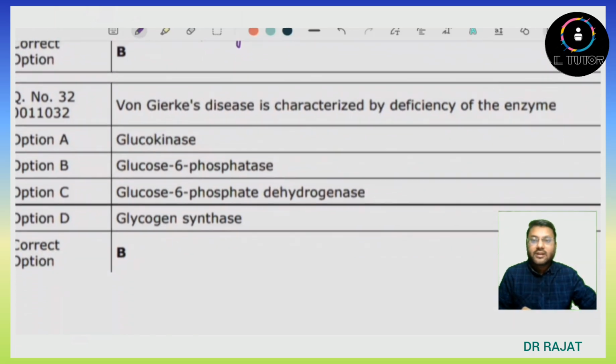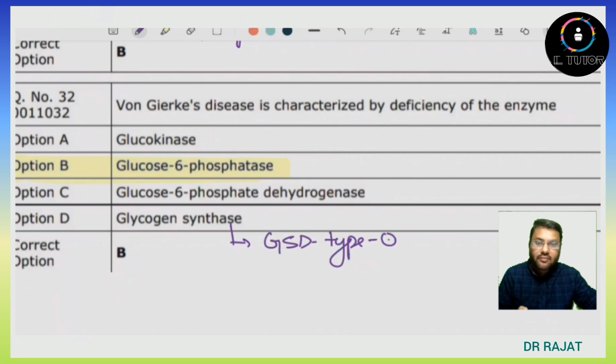Next question: Von Gierke disease is characterized by deficiency of which enzyme? Von Gierke is a type 1 glycogen storage disease, and it occurs due to deficiency of glucose 6 phosphatase. So option B will be the correct answer, glucose 6 phosphatase. Glycogen synthase deficiency, option D, leads to glycogen storage disease type 0.